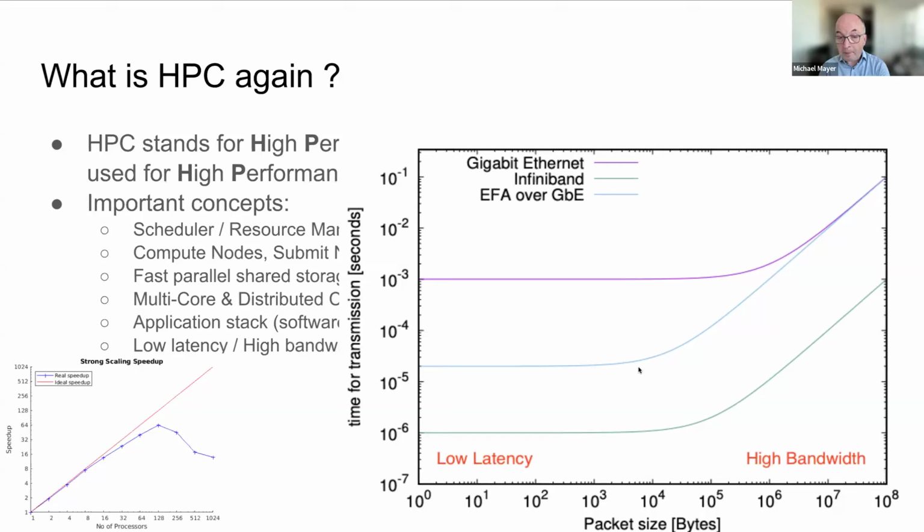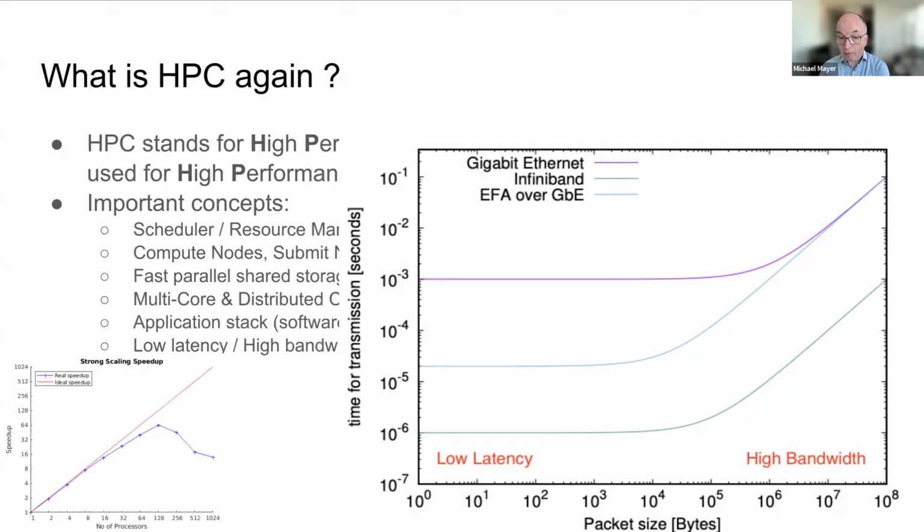And the flatness comes from this network latency, because no matter if you, for example, look at the purple line, the most upper one, no matter if you send a packet of size 1 byte or 10 kilobytes, it always will take 10 to the minus 3 seconds, or 1 millisecond, to send that.